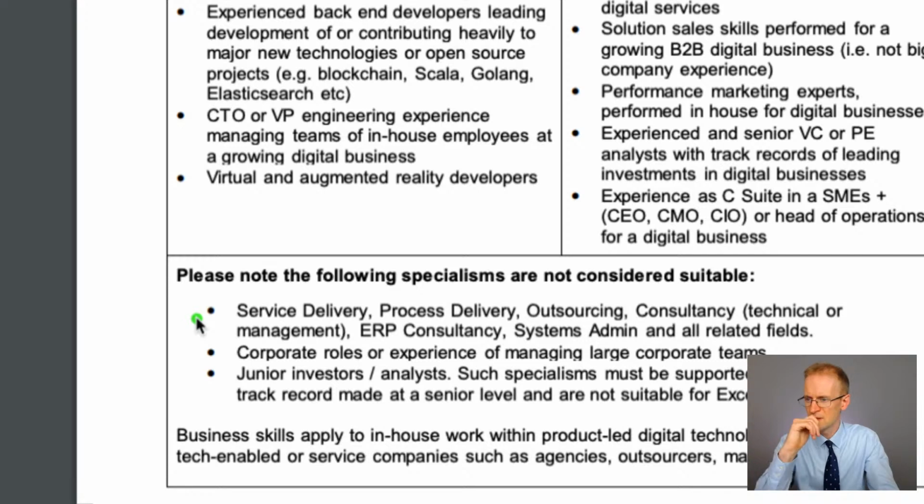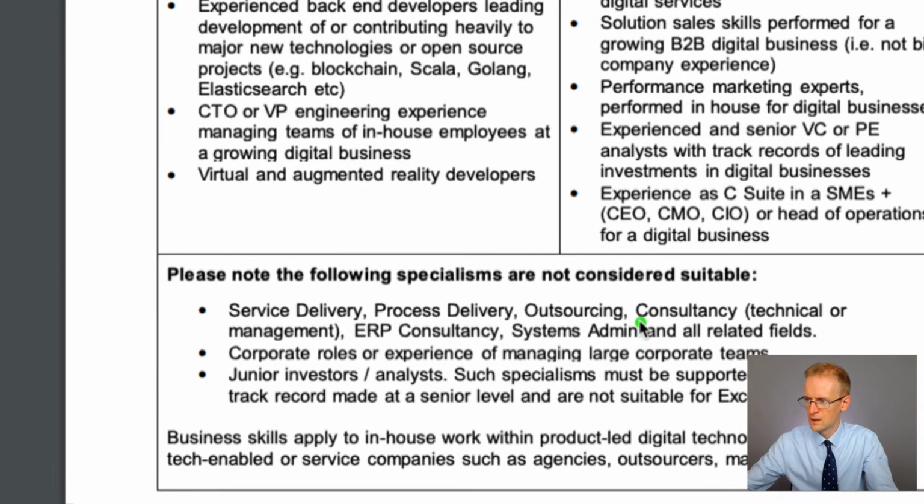So service delivery, process delivery, outsourcing or consultancy, and I think this is the main one, consultancy. A lot of people might think they do fall within this, but in fact their experience has been consultancy based. Systems admin and related fields.